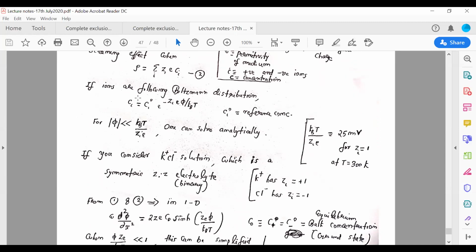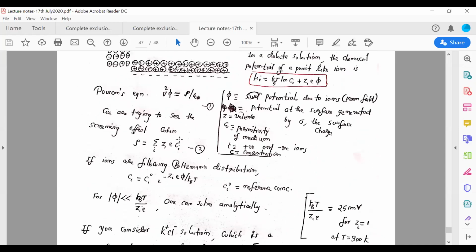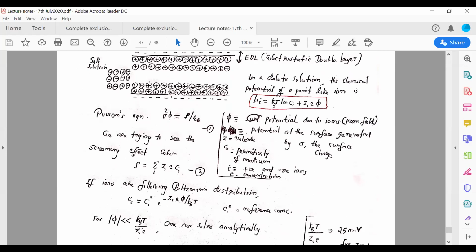So the concentration is not uniform. If I draw a line across this, for example, if complete screening has been done, then here you will see positive and negative, because shielding has been done. The number of positive ions is less here compared to this region.